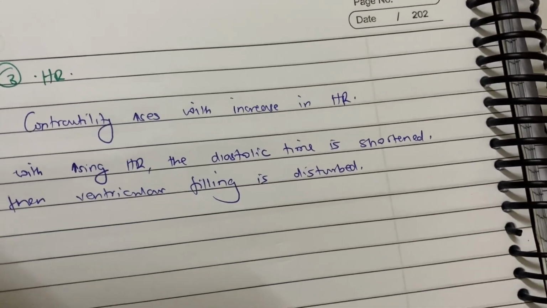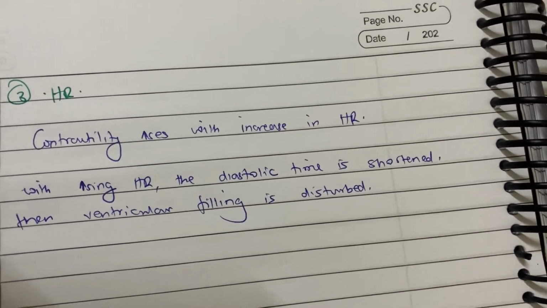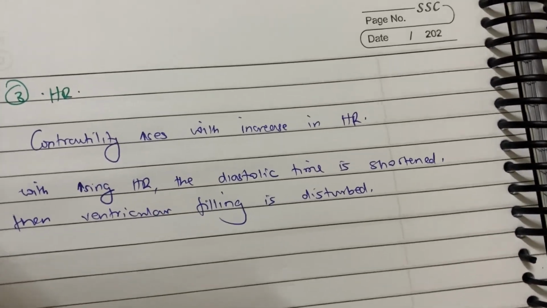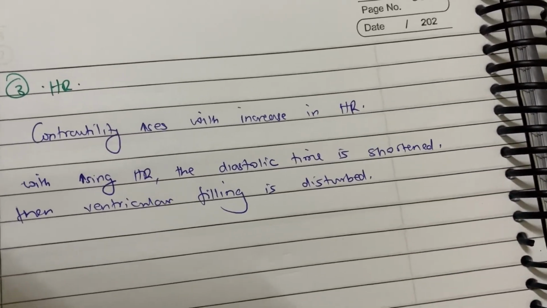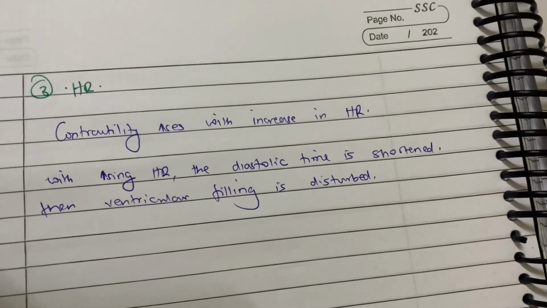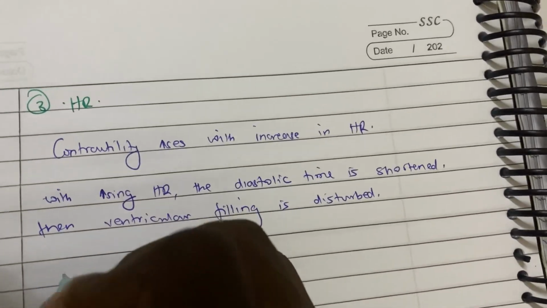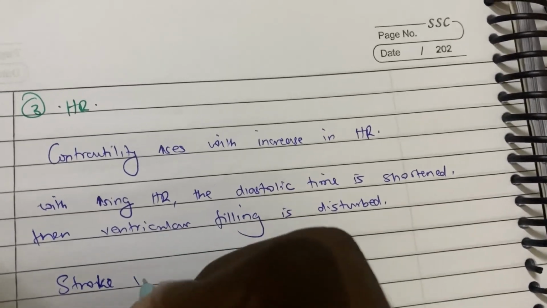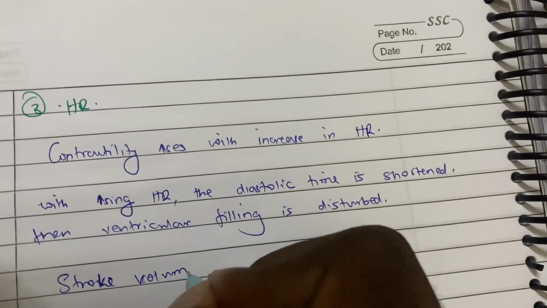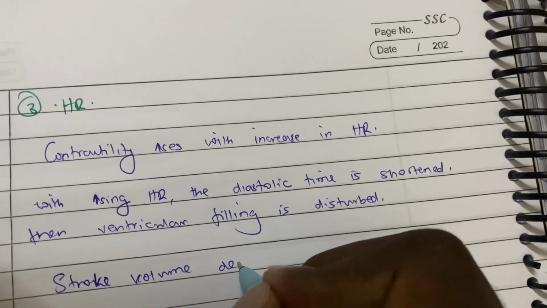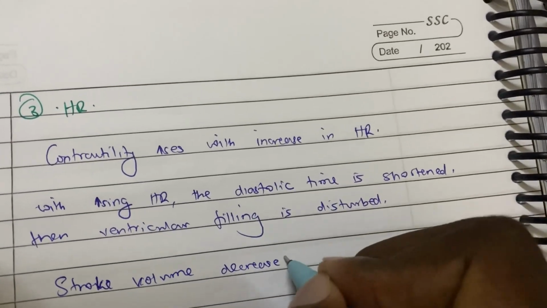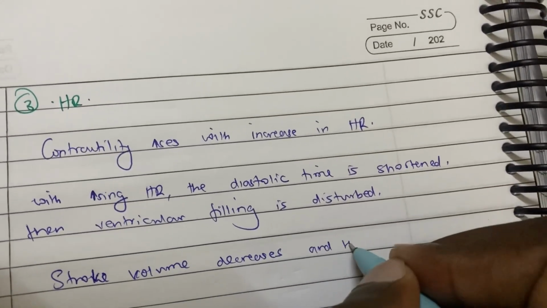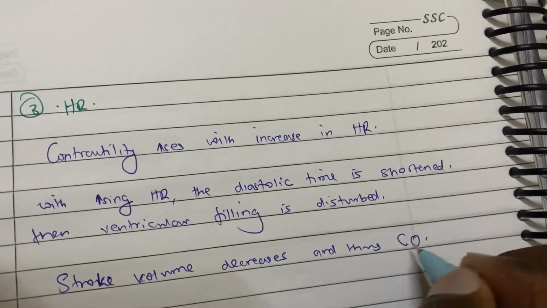The Frank-Starling mechanism would work: if the ventricles are not fully filled, the force of contraction will reduce and thus the stroke volume decreases, and thus cardiac output.